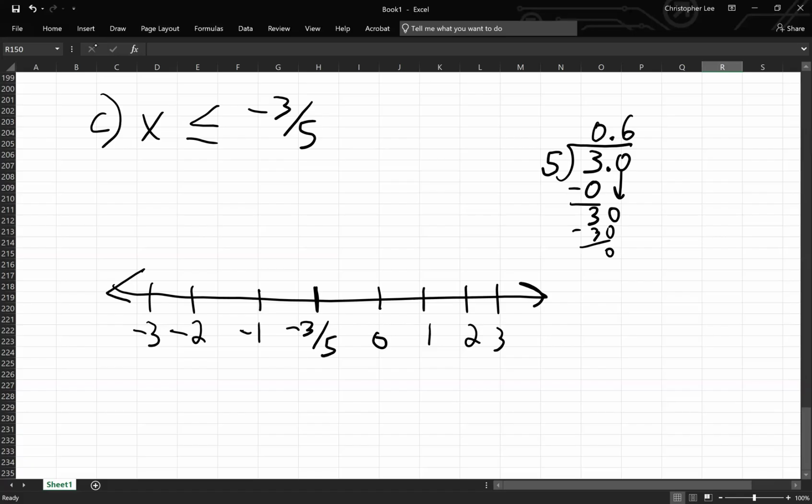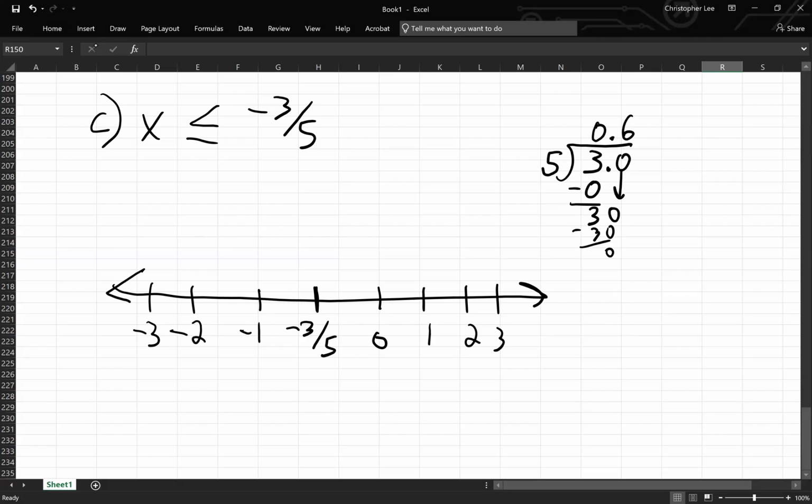I just did the little division to figure out what the decimal is, what is 3/5? So I know that it's 0.6, and I know that 0.6 is going to be between 0 and -1. So that's why I did that, because when I do my number line, I like whole numbers. I don't like the decimal to the left and the right kind of thing.